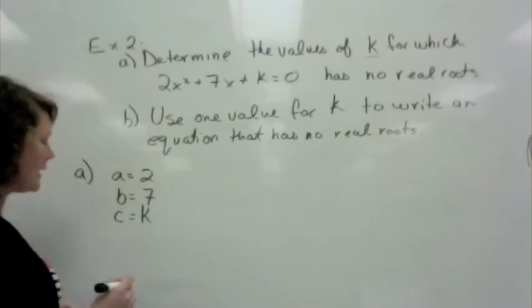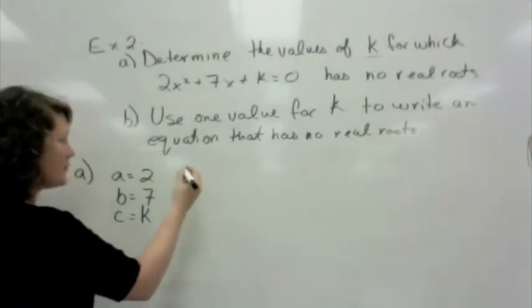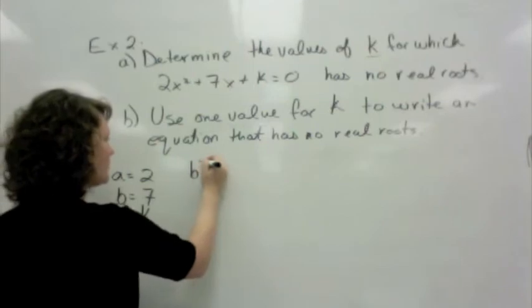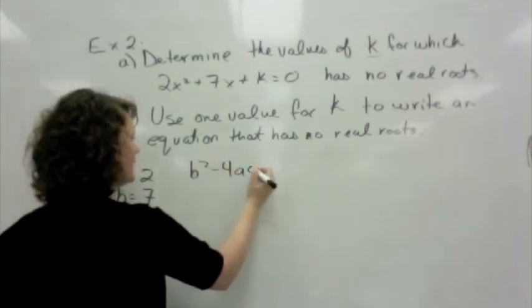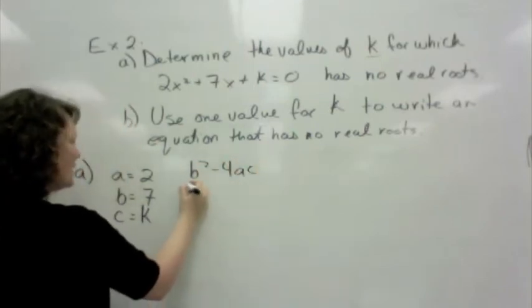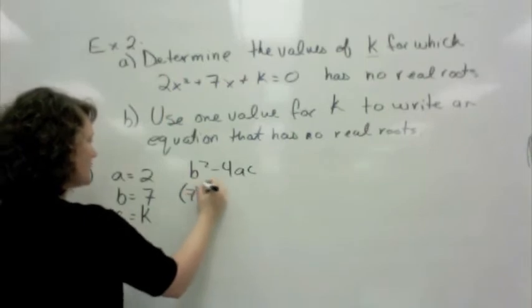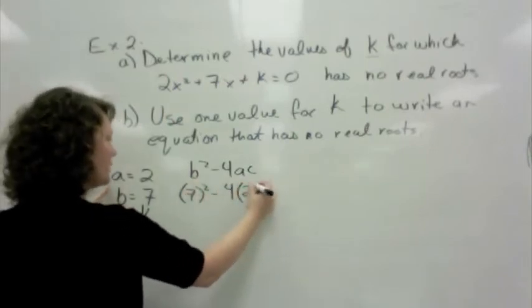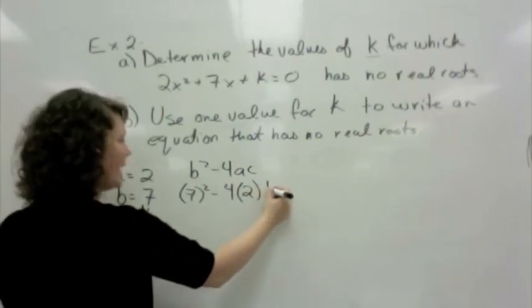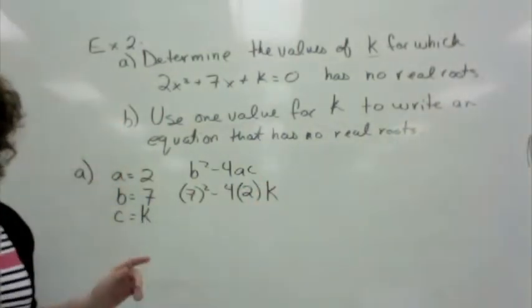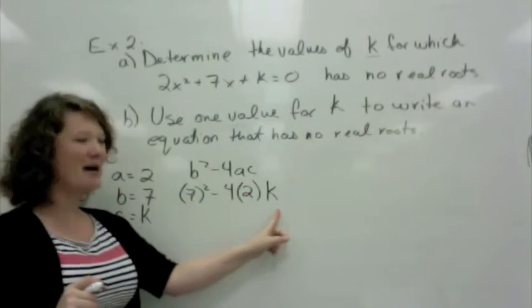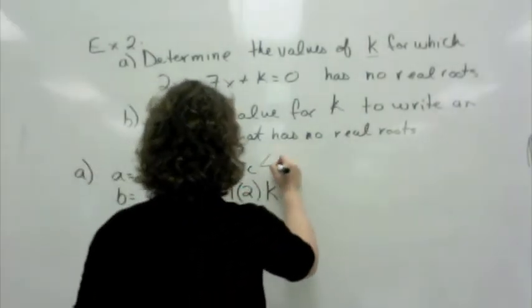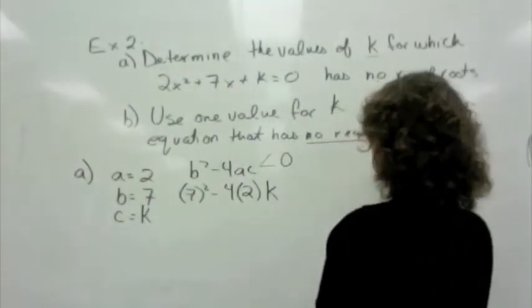So if I were to plunk that into the discriminant formula, which is b squared minus 4ac, I would say 7 squared minus 4 times a times c, which is k. Now let's pause here. We know that this must be less than 0 to have no real roots.